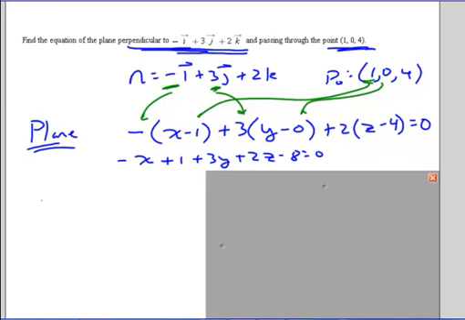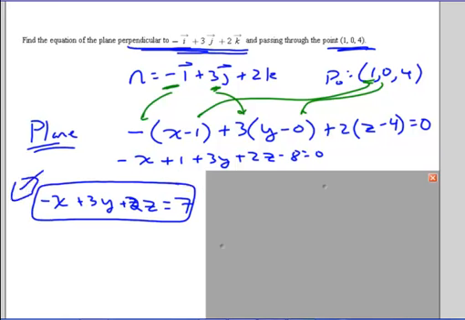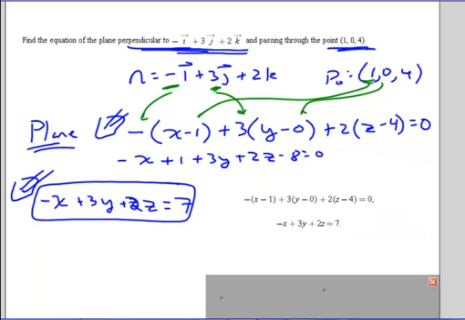And simplifying that further, negative x plus 3y plus 2z equals 7. So whether you want to put it in this form or this form, both are adequate equations for the plane that contains this point and is perpendicular to that vector.